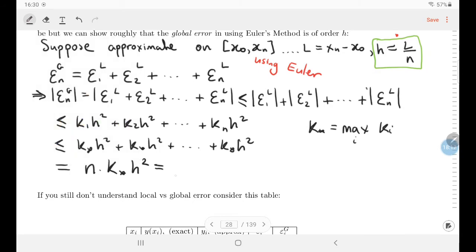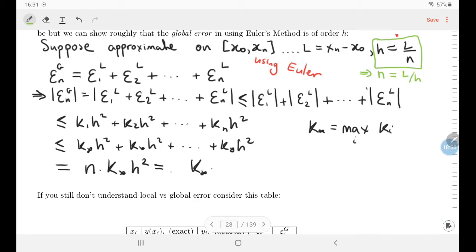and you get the global error is n times k star, and h squared is, no, I want to keep the h, excuse me, my bad. So if you solve this for n, multiply both sides by n, divide both sides by l, because I want to get things in terms of h, you get l divided by h.